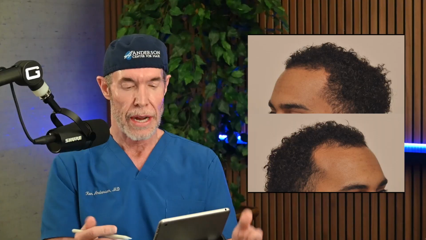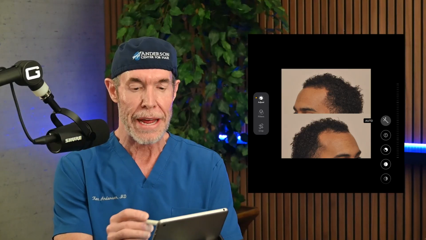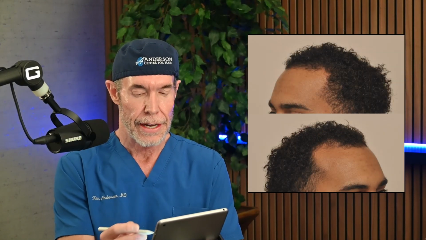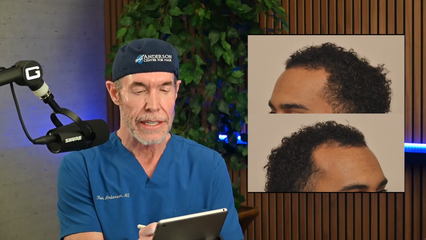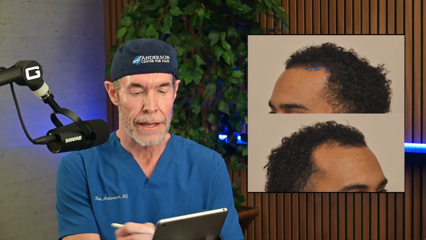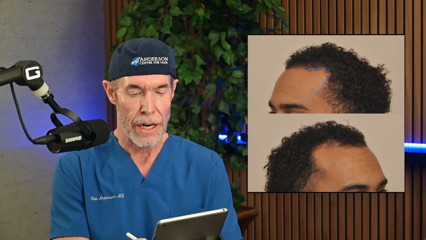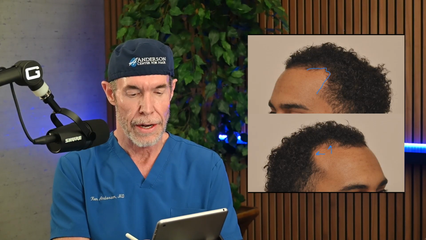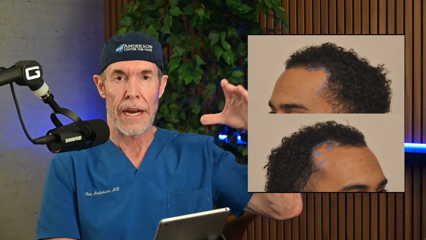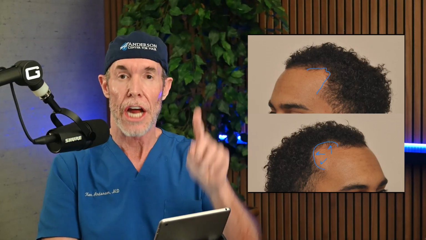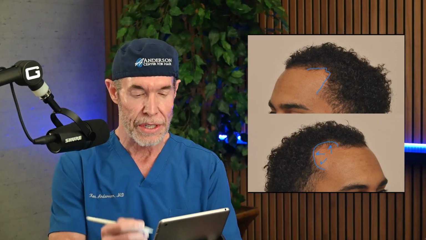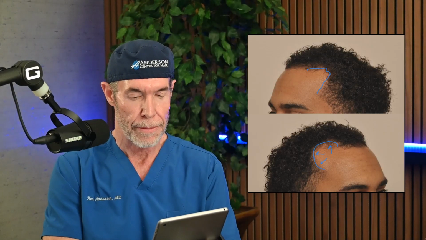Now, remember I talked about how you can have loss of the temporal tuft and that C-shaped area of expansion that can occur. You can see up on his left, he's still got that shape going on, almost a number 7. But down here, we've had loss up in this direction, that direction, and this direction, opening up that C-shaped area as the hair loss expands in all directions, not just straight up, but a little bit backwards and even down onto the temporal point.